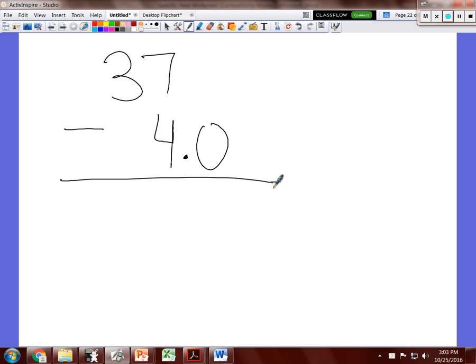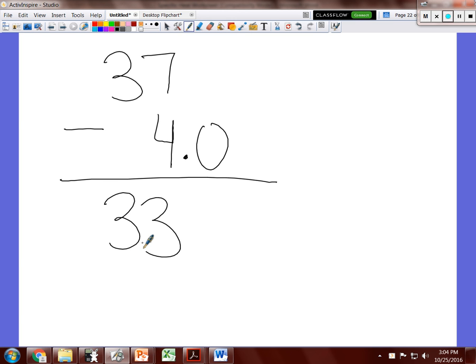Now, the rule for significant figures in subtraction and addition is you go with the term with the least number of decimal places. How many decimal places does 37 have? None. How many decimal places does 4.0 have? 1. Well, you want to go with the one that has the least number. So how many decimal places should your answer have? None.